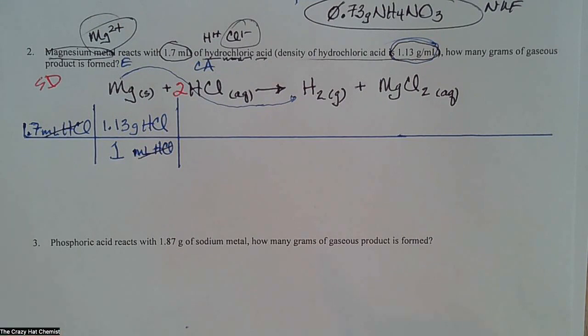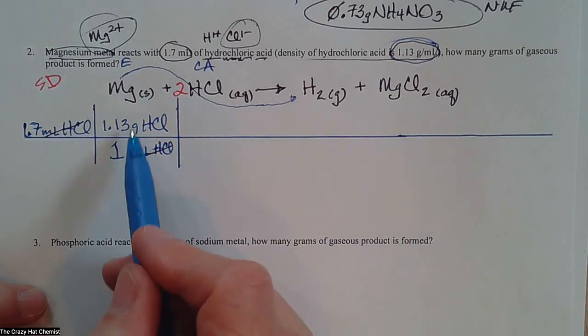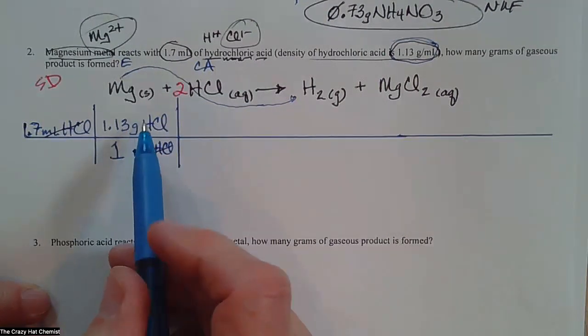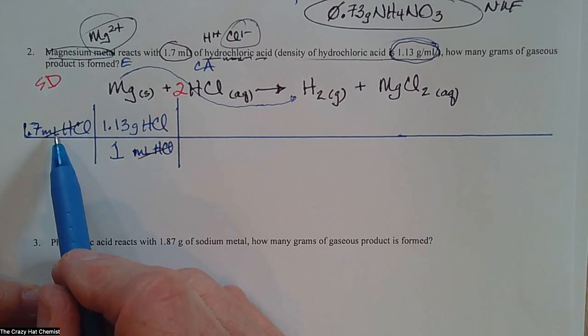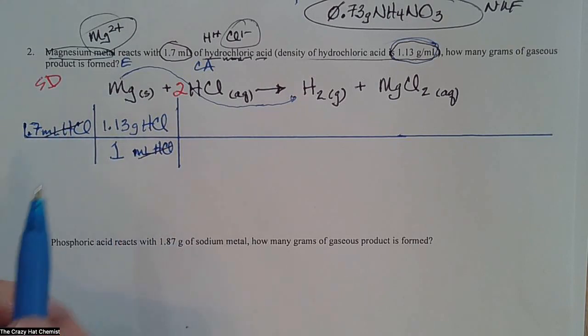So now we should be conceptually home free in that we are almost starting off with grams of HCl instead of a volume. And again, since this is not at STP, I'm not using 22.414.